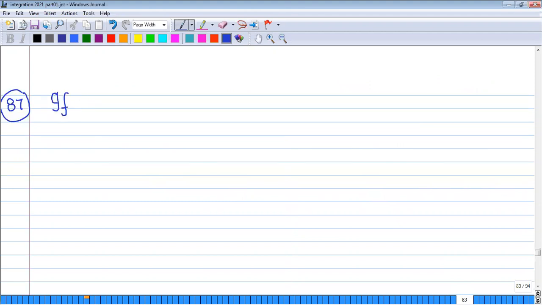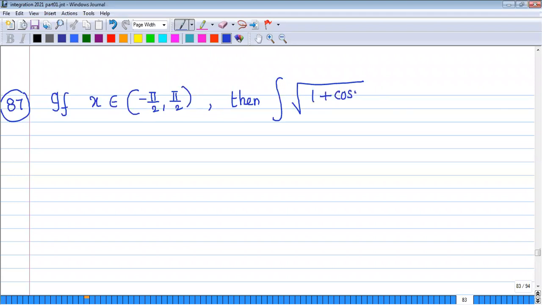If x belongs to minus pi by 2 comma pi by 2, x lies between minus pi by 2 and pi by 2, then the integral of square root of 1 plus cos 2x dx equals?